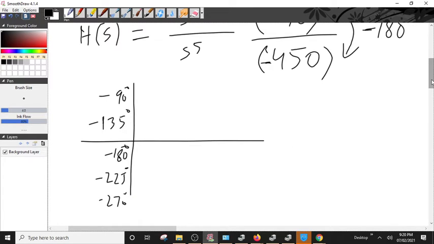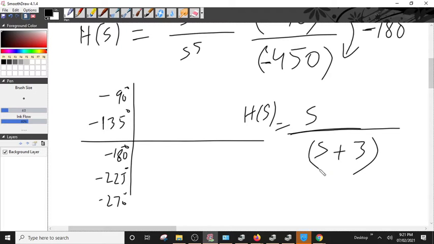Let's say in the transfer function H of s, we have only a single zero, and we don't have any s term in the denominator. We only have a single zero, right? So 90 degree contribution from the numerator, 0 degrees from the pole.